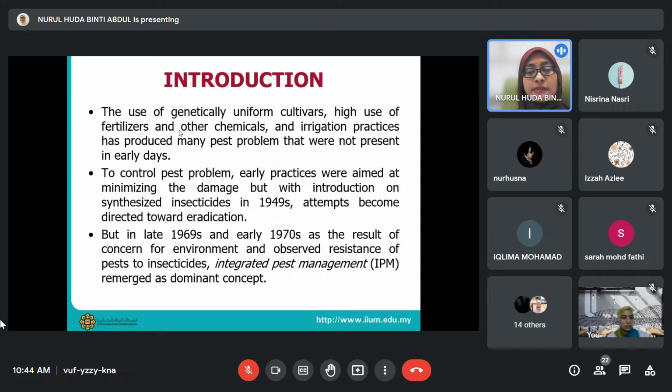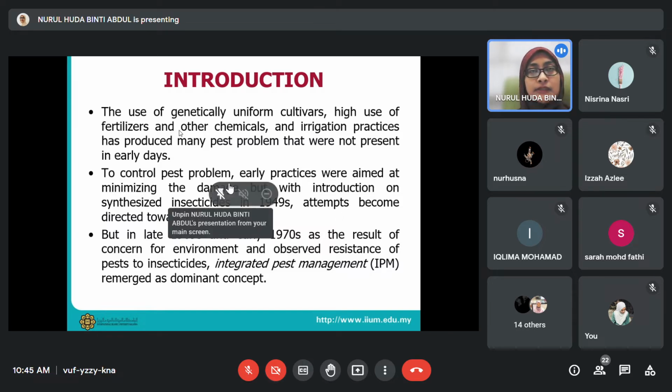But of course, as you know, bila kita bercakap pasal synthesis insecticide, okay, there are issues of environment, issues of human health. So because of that, late 1969 and early 1970s, because of this concern, they come up with integrated pest management.